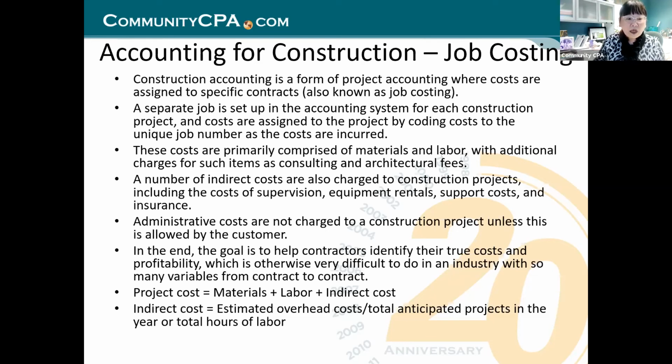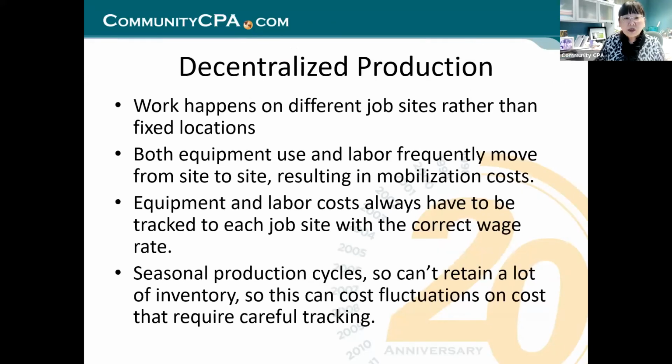All right. So of course, if you are bigger than small, and also not too big, then you have these issues related to equipment, and also equipment transportation cost. That would be something you consider.